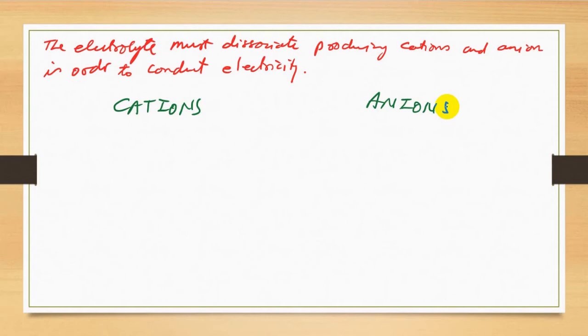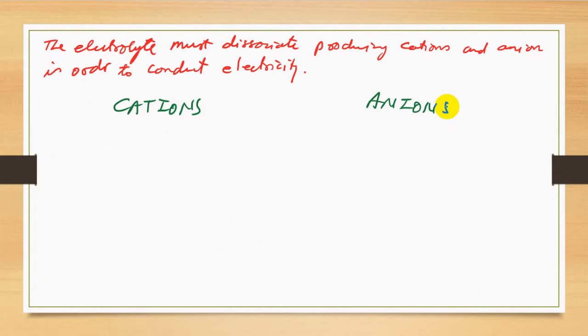First thing, they differ in their charges. What type of charges do they have? Cations are positively charged and anions are negatively charged.